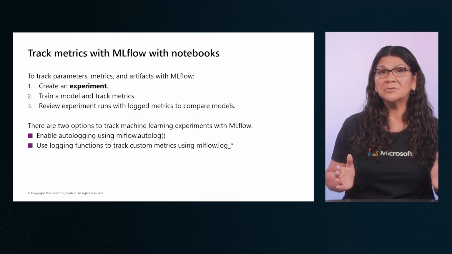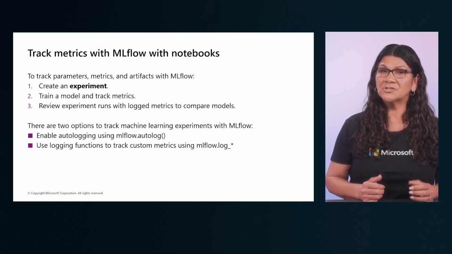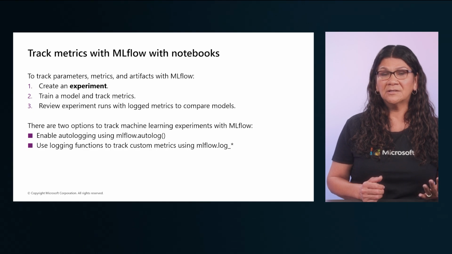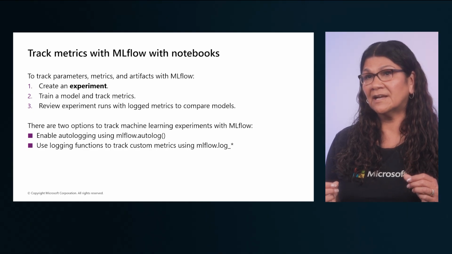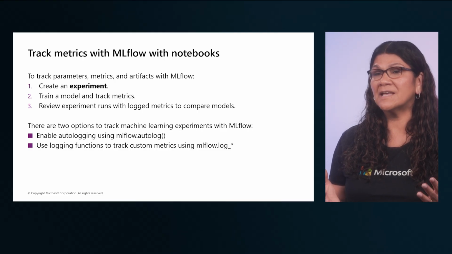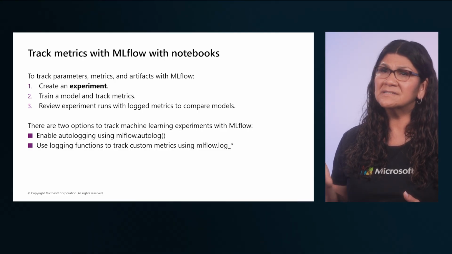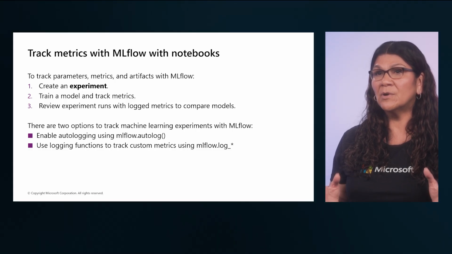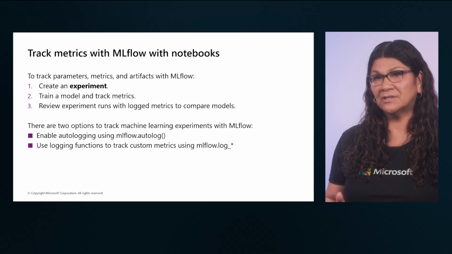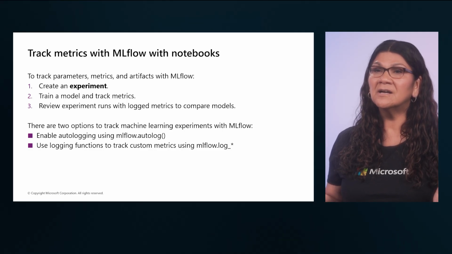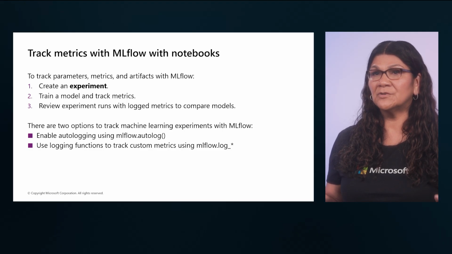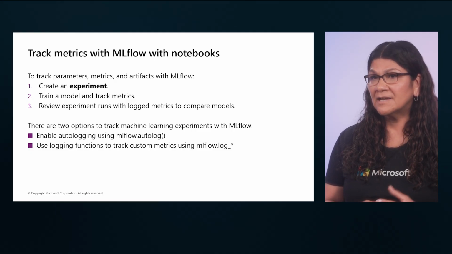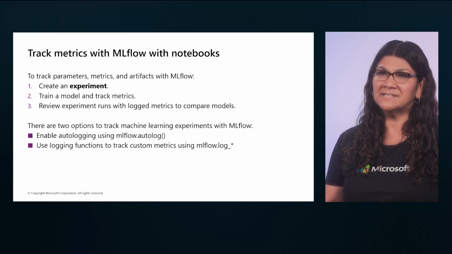MLflow gives you two clean paths to do this. Turn on automatic capture with MLflow autolog, which is great for quickly collecting common metrics, parameters, and model info, or use explicit logging with the mlflow.log functions when you need to record custom metrics like business-weighted error, artifacts like a confusion matrix plot, feature importance chart, or a serialized model, or additional metadata.